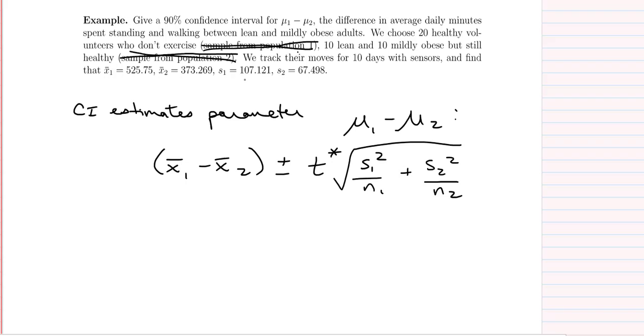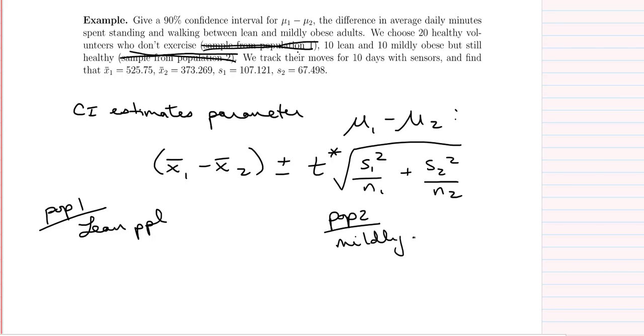It's not well written here, but I gather that population 1 is going to be lean people, and population 2 is going to be mildly obese people. We have a sample size from each equaling 10.